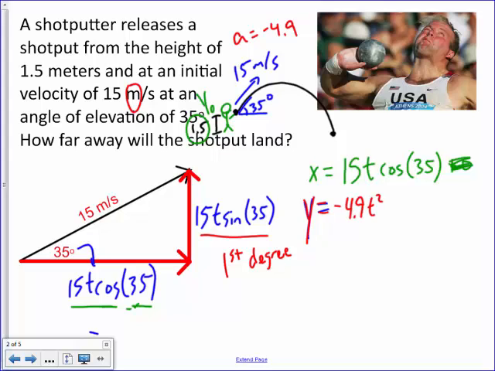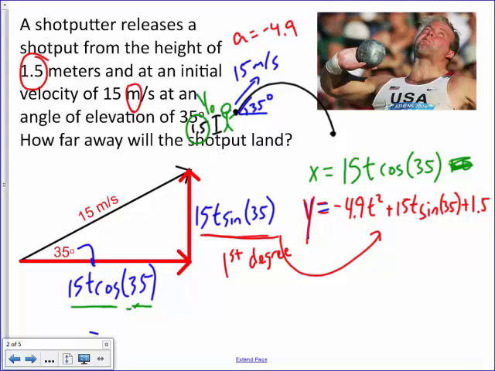And now we put in our first degree part. That goes in the next part. So we'd say plus 15t sine of 35. And then we throw on our initial height of 1.5, right? 1.5 meters, that initial height.